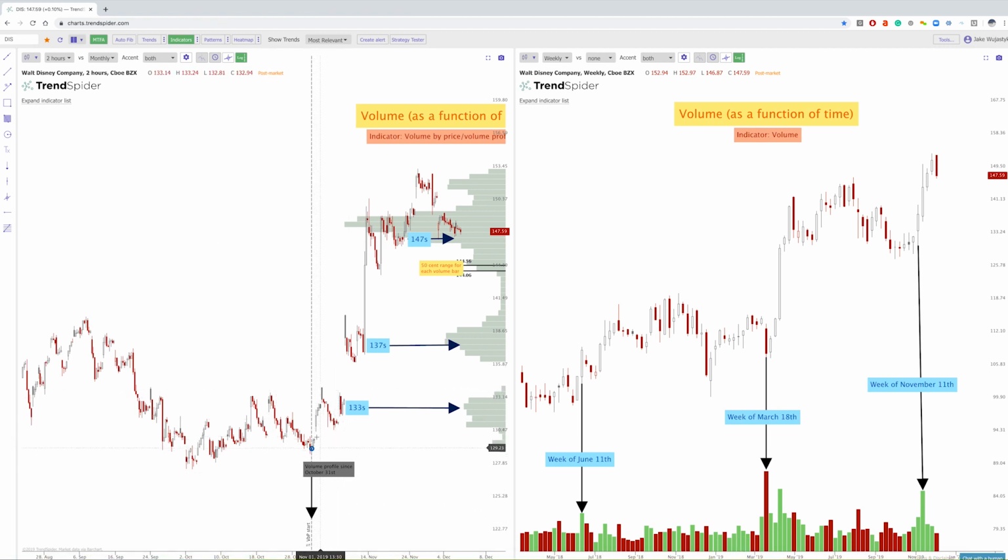This dashed line here is where we're starting the volume profile, so anything to the right of this dashed line is going to be counted in as volume. You can see here that there's literally no volume from 134.25-ish all the way up to 136.25.